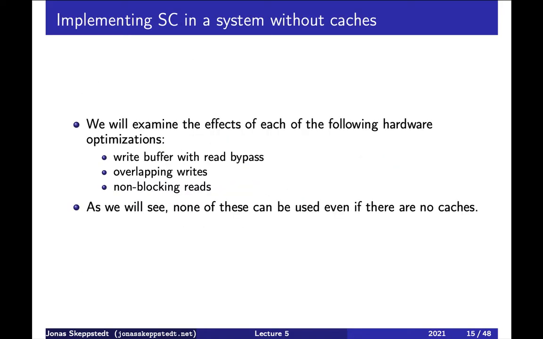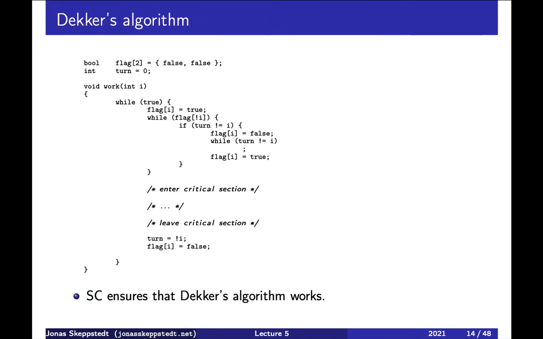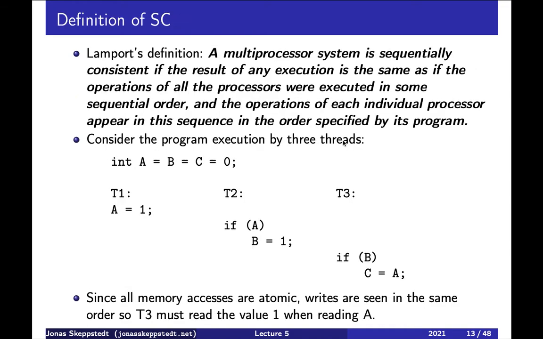Okay. And for overlapping writes, that means that there can be multiple writes in the system at the same time. And I already mentioned what could happen for this program here. If the writes can be overlapping, then this write starts, and this write can start as well, since they are allowed to be overlapping and not done one at a time.